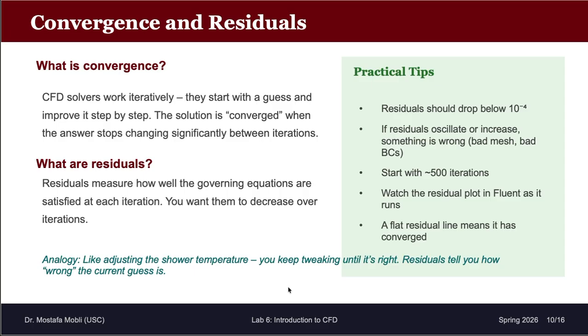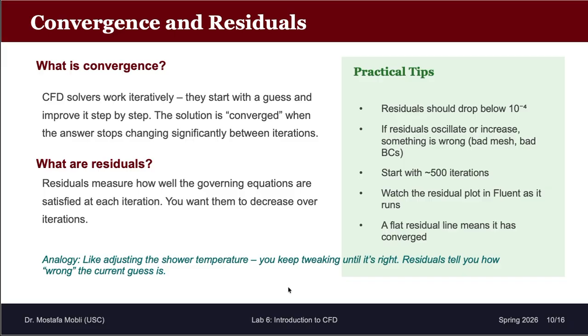And then we need to run the simulations until our simulation has converged. You want to keep in mind that CFD solvers do work iteratively. What does it mean? It means that they start with an initial guess and then solve the problem based on that initial guess and then compare the final solution to that initial guess, right?